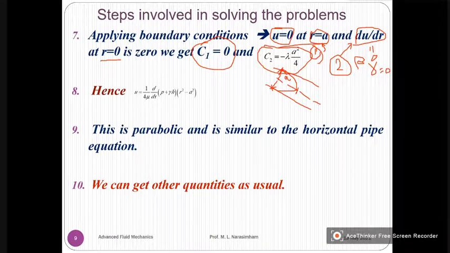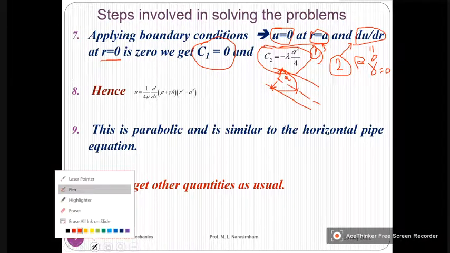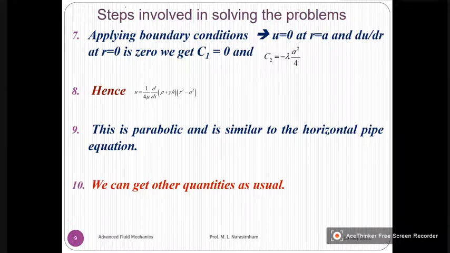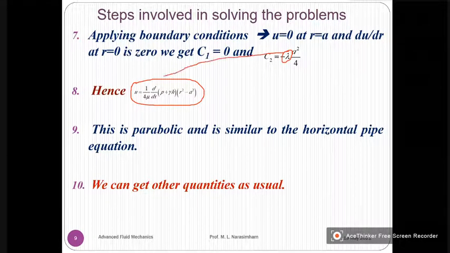Now this you can verify. I need not work it out here. It is simple differentiation and then confirmation. If you substitute the values of C1 and C2, you will get this equation: u is equal to 1 by 4 mu d by dx of, substituting back the value of lambda.